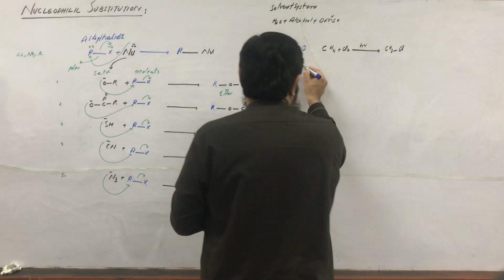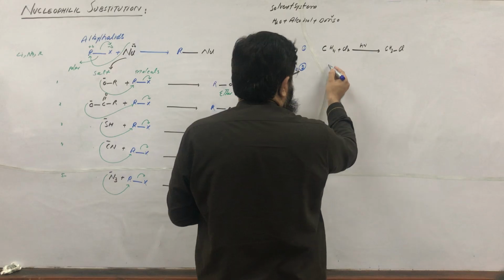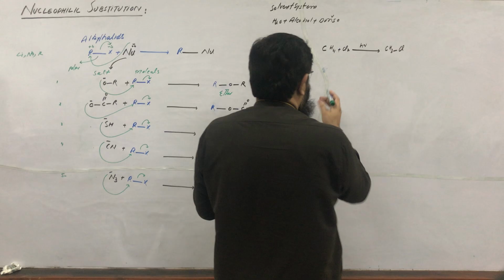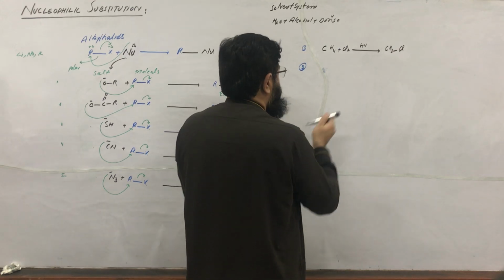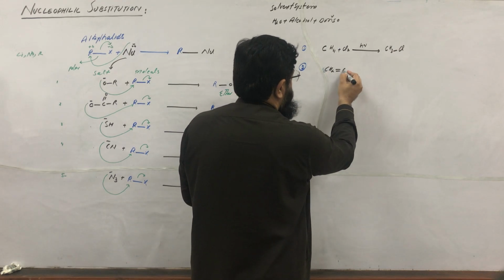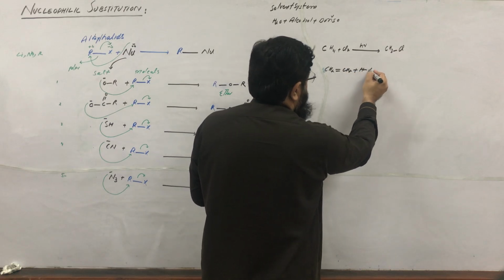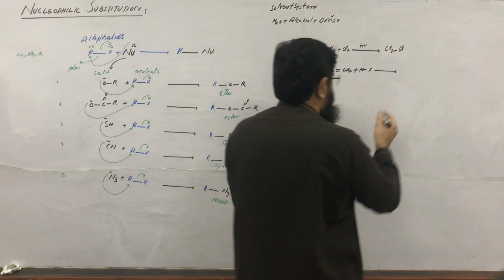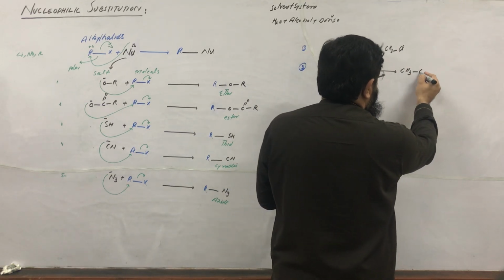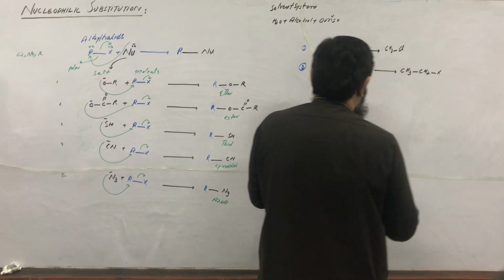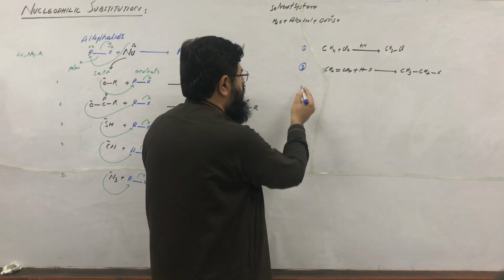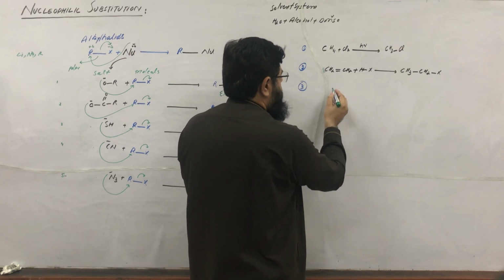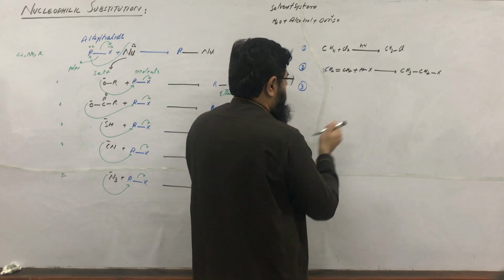The second important route for the preparation of alkyl halides is hydrohalogenation of alkenes: CH2 double bond CH2 plus HX. The hydrogen and halogen add to this alkene and we get an alkyl halide. The third important route is nucleophilic substitution of alcohols.